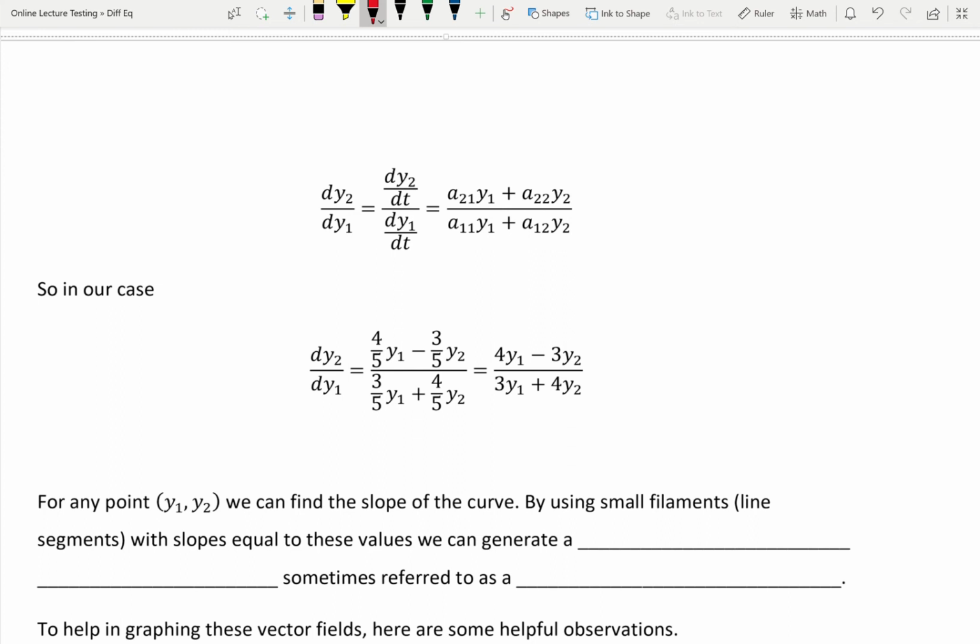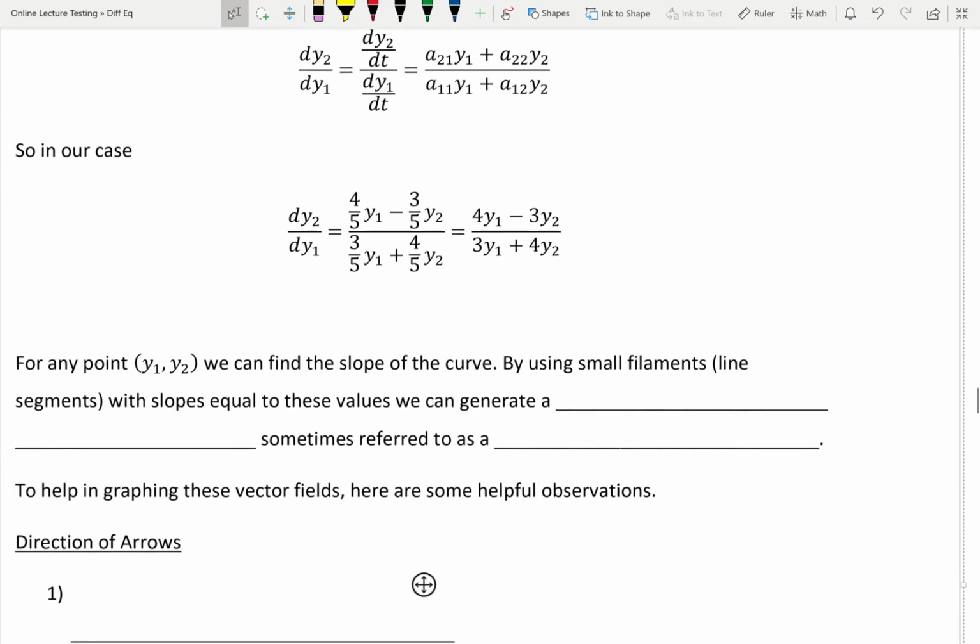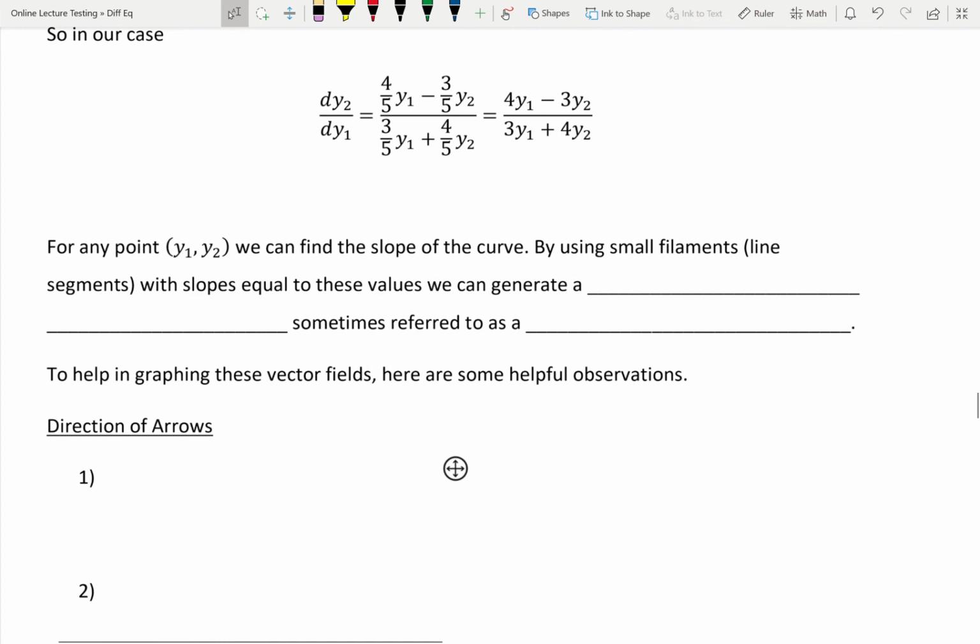So this means we have the solution at any given point y1, y2. That's the cool part. For any point y1, y2, we can find the slope of the curve at that point. By using small filaments or line segments with slopes equal to those values, we can generate what we call the phase plane direction field.